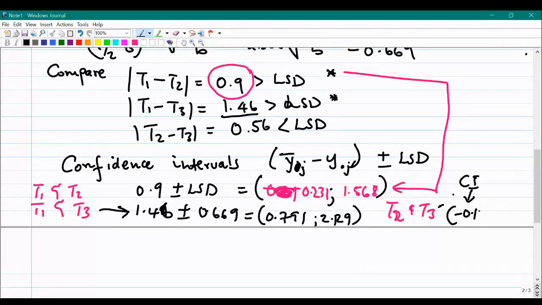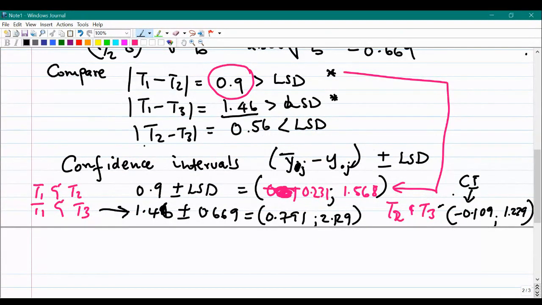So the lower limit is what? It's negative 1.09. And the upper limit? Yes, the upper limit is 1.229. You see, guys, this one includes 0, isn't it?